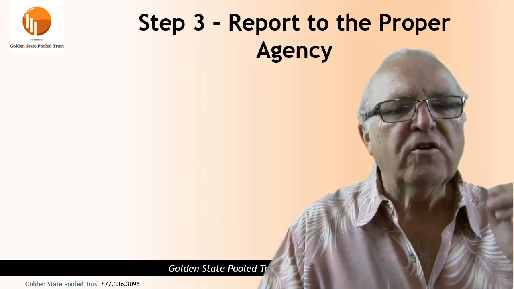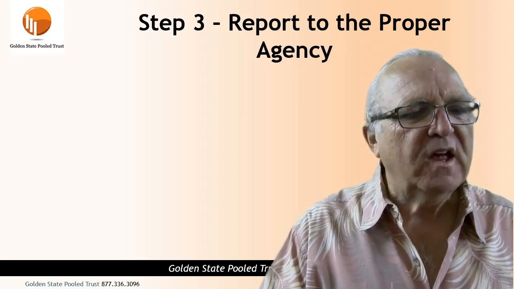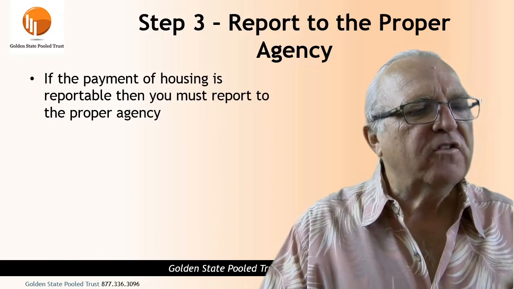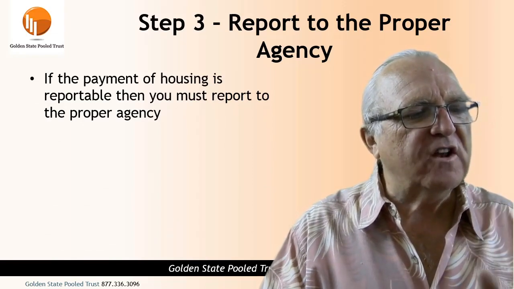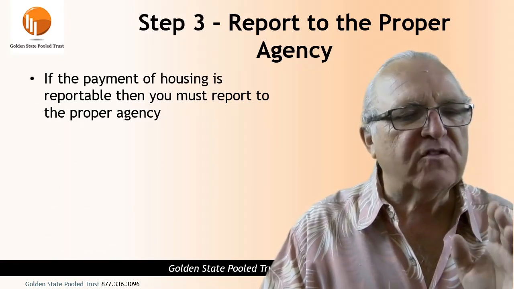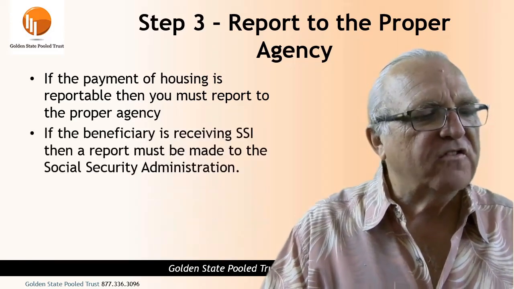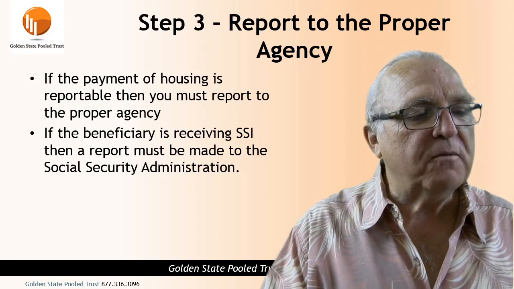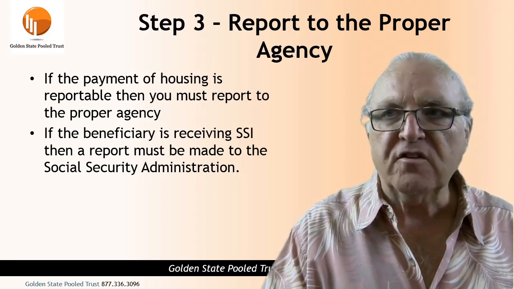So here's the last step, which is reporting to the proper agency. If the payment of housing is reportable, you have to report to the proper agency. So if the beneficiary is receiving SSI, then the report has to be to the Social Security Administration.